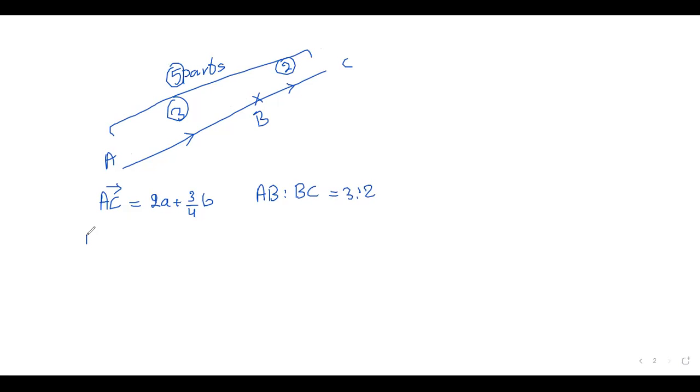Now AB is equal to 3 out of the 5 shares of AC. That is 3 over 5 times AC, which is 2A plus 3 over 4B, and which equals 6 over 5A plus 9 over 20B. That's your AB.